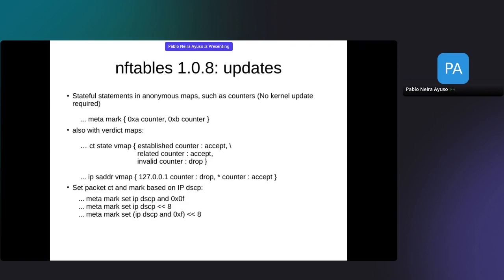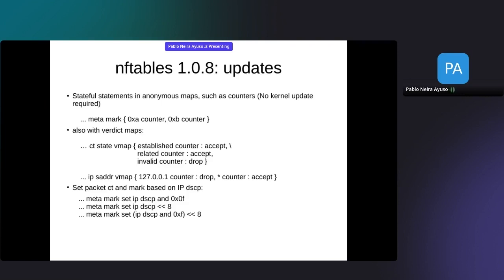So let's pick up on the nftables 1.0.8 updates. There is set packet ct mark based on the IP DSCP field. In this case, to some extent, the nftables userspace tool is now capable of making two different data types compatible.